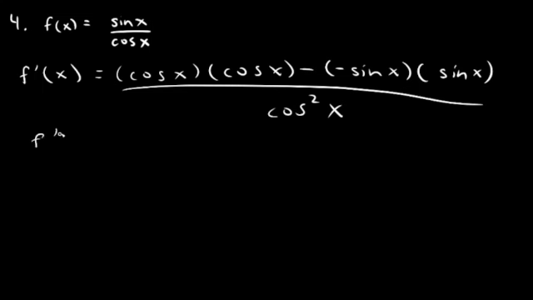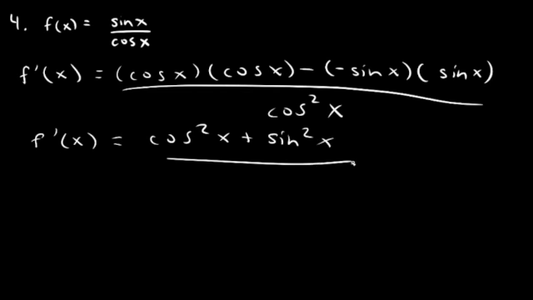Now if we just simplify this, we get cosine squared x plus, because two negatives will cancel out to be a positive, plus sine squared x over cosine squared x.